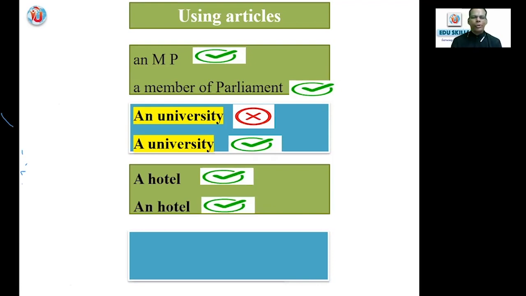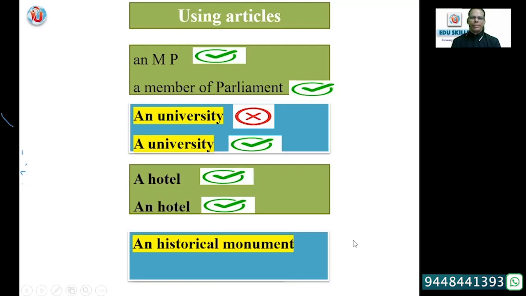So H could be silent. There are options to pronounce it both ways. A hotel, I am pronouncing H. Whereas if I don't pronounce H, if it's silent, an hotel. So both are right. Just to identify that, it is the sound, the pronunciation, that counts for articles.